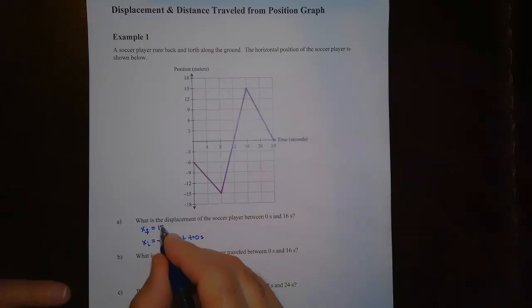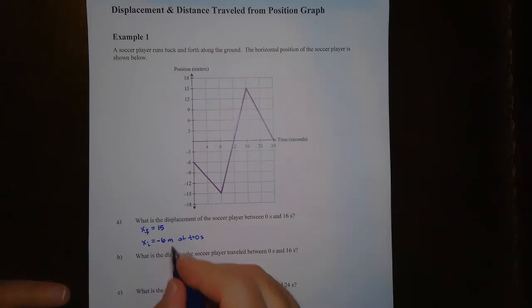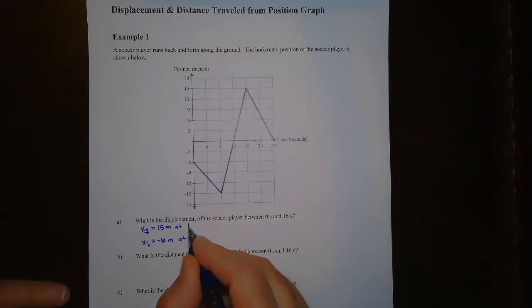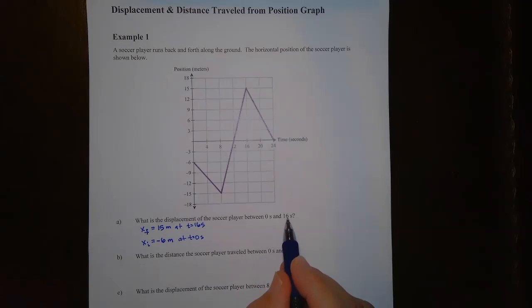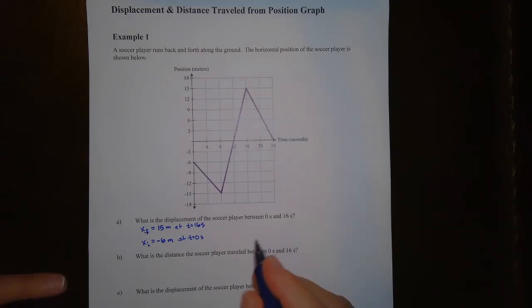So x sub f is 15 meters at t equals 16 seconds, okay? Because we want to find the displacement, and this would be the end of it, the final position, reached at 16 seconds.